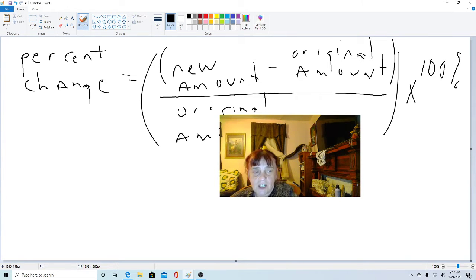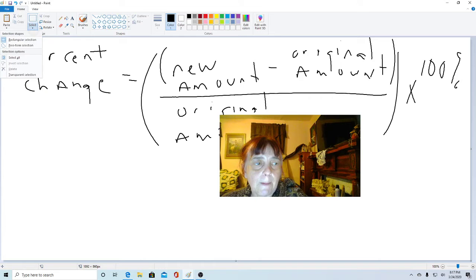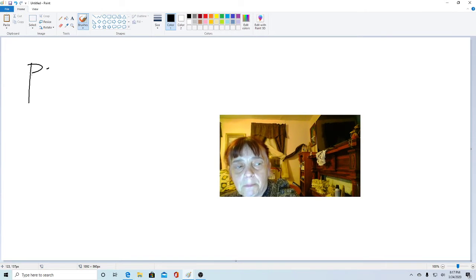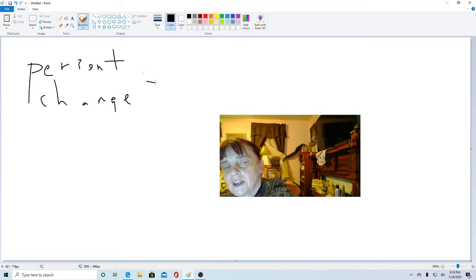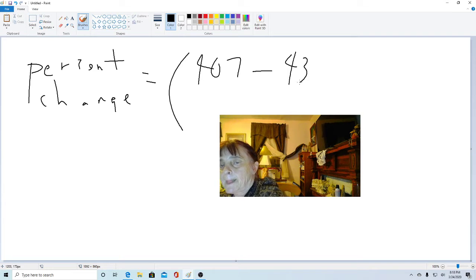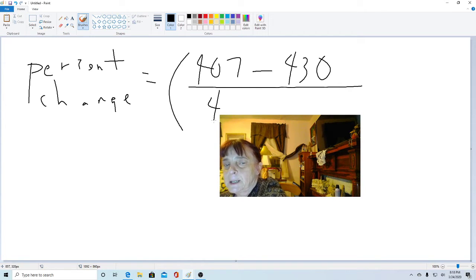Okay, so the percent change is, for the new amount, which is 407 units, minus the original amount, which is 430, divided by 430 times 100%.